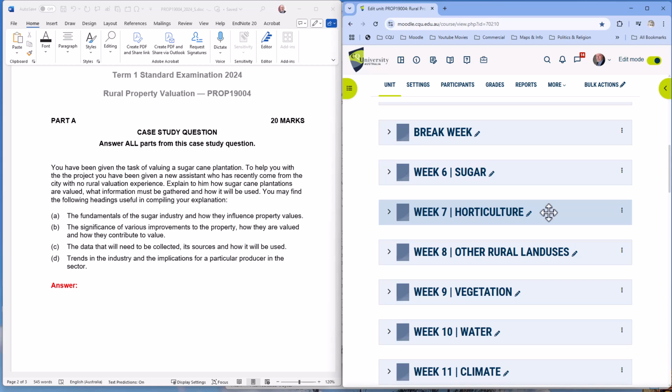Very important to understand. And again, the peculiarities, the importance of water, artificial environments in some cases, the intensity, and so on. What are you looking for when you're looking at a property for horticulture? When we look at other rural land uses, you see we can break these up in many different ways.